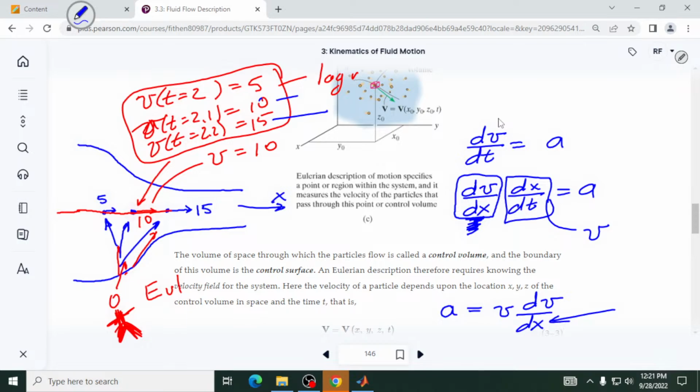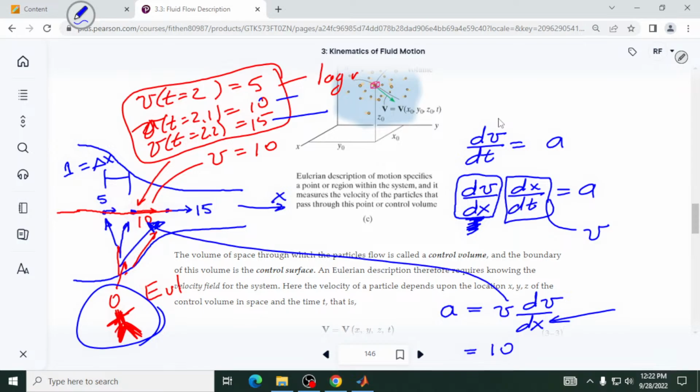So let's just say that the delta x here, I'm just going to make stuff up, is 1 unit. Then the acceleration that this guy right here is staring at becomes 10, because that's the center, times the velocity change of 5 over 1, equal to roughly 50.